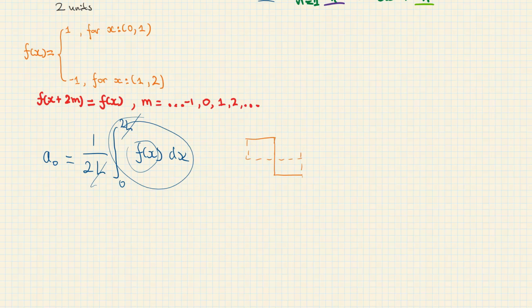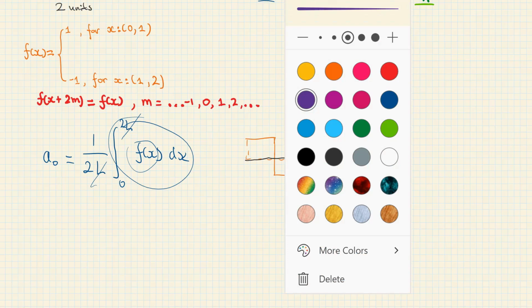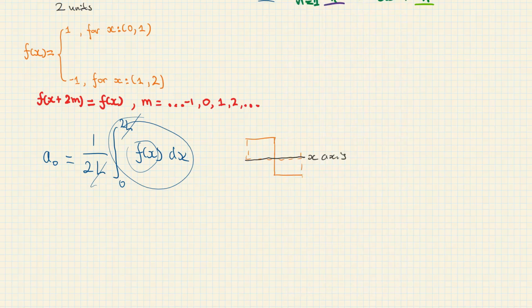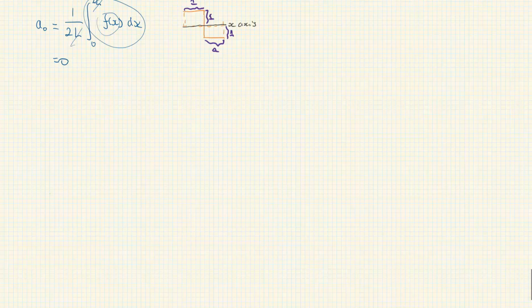And what we can see is that, so here we have the x-axis, and above is positive area, and below is negative area, and the positive area has dimensions of 1 by 1, and the negative area also has dimensions of 1 by 1. So they just cancel out, and we get a sub 0 is equal to 0.